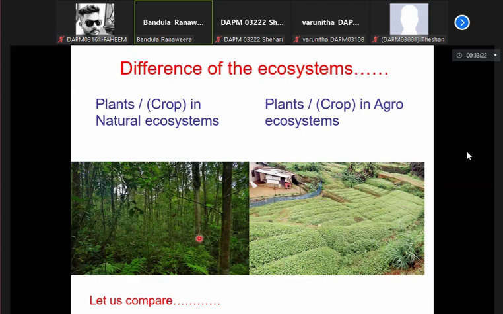The community here is natural because its members are selected by natural factors, by nature. And here the plant community, microorganism community, or whatever general community, is selected by the farmer because he is selecting the plants.